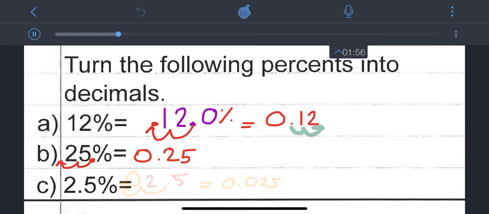Okay, 2.5%. This one's a little bit trickier. If you moved that decimal over twice, it would be 1 space over here, which means we need to fill this in with 0 as a placeholder. So that looks like 0.025 is 2.5%.